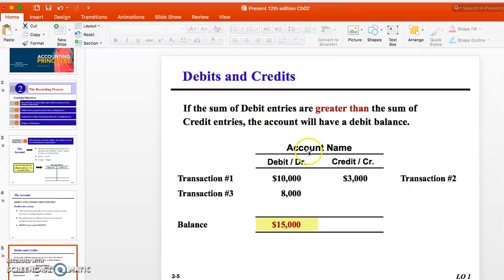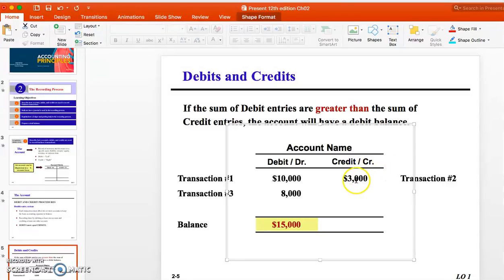As you read through the text, the account name would be on the top, debits on the left, credits on the right. For example, if this was a cash account, the name would be cash. To increase a cash account, you have to have more debits than credits. So debits increase cash, credits decrease cash, and cash is an asset account.